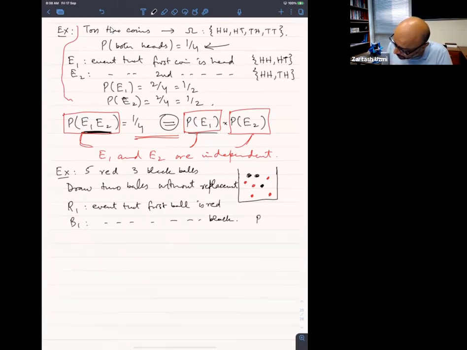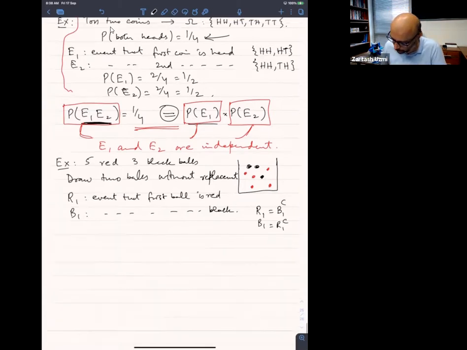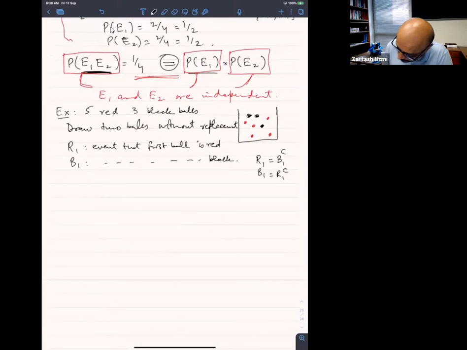Everyone will agree that R1 is the same as B1 complement and B1 is the same as R1 complement. कि पहली बॉल अगर रेड आ गई तो ब्लैक नहीं होगी, अगर ब्लैक आ गई तो रेड नहीं होगी. So they are complement to each other. R2 is the event that the second ball is red and B2 is the event that the second ball is black.